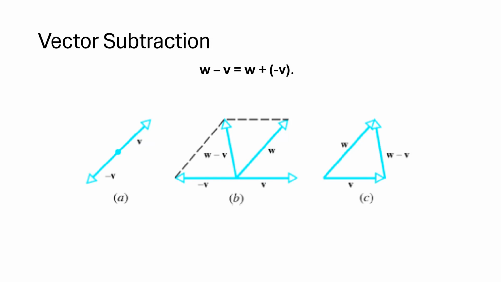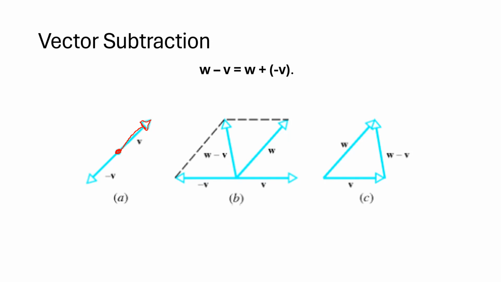The negative of a vector v, denoted by negative v, is the vector that has the same length as v, but is oppositely directed. So take note, in figure A, this is vector v. To illustrate negative v, it has the same magnitude but opposite direction.